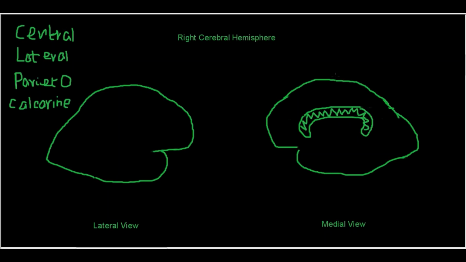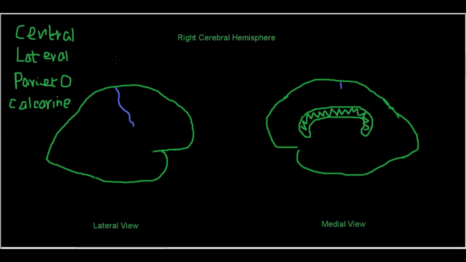About 1 centimeter behind the midpoint of this margin, this central sulcus begins as an indentation, which you can see over here in blue. This sulcus or fissure then continues onto the lateral aspect of the hemisphere, going downwards and forwards. So this is the central sulcus.